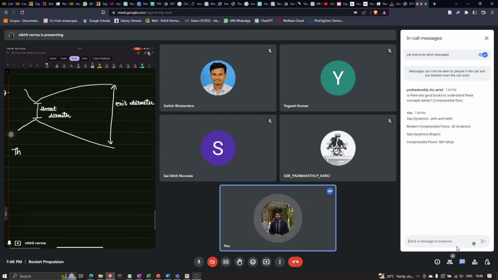The thrust is given as 5 kilonewtons, at an altitude where the exit pressure is 2610 pascals, and T naught is 2880 Kelvin.